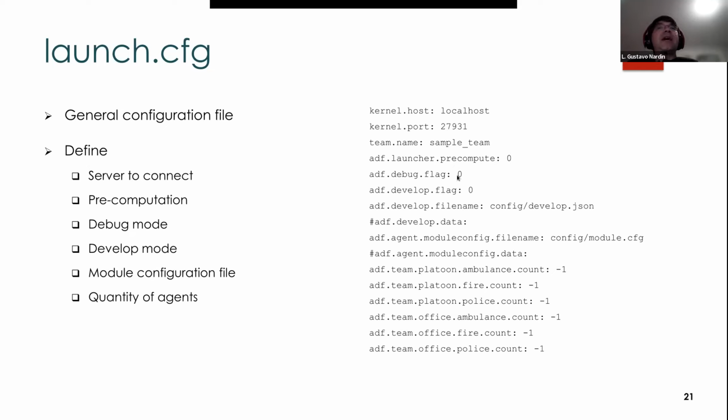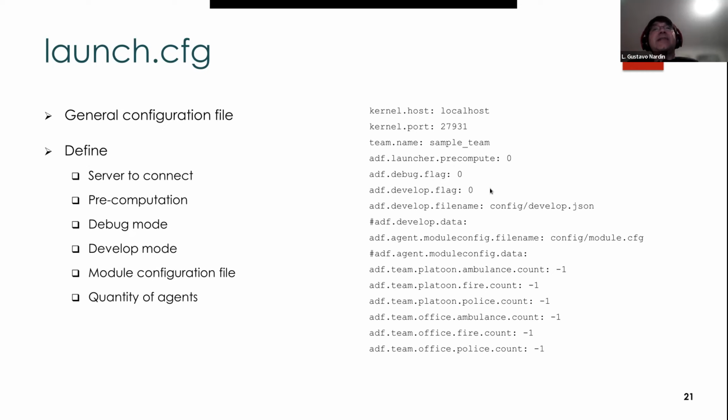Again, the debug flag defines whether or not the agent team will run with debug enabled. The develop flag defines whether or not we'll run with the development flag enabled.